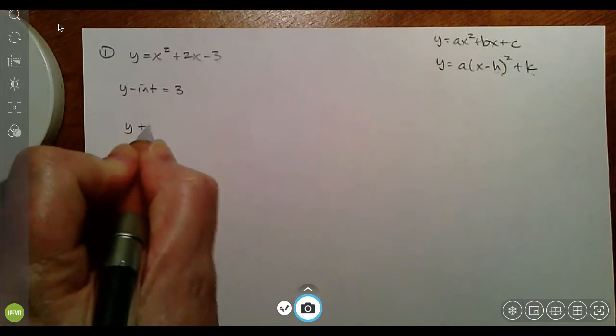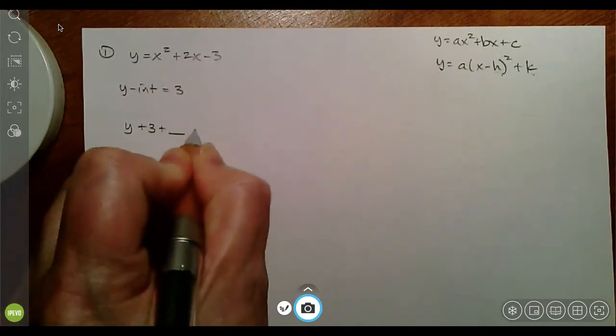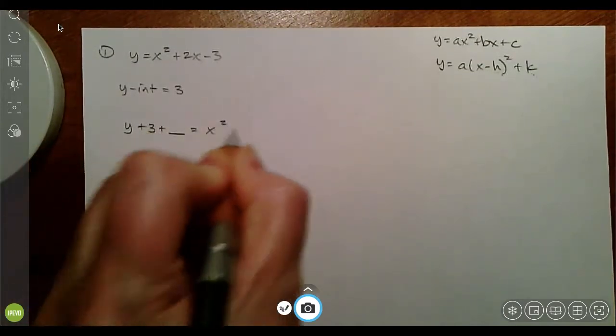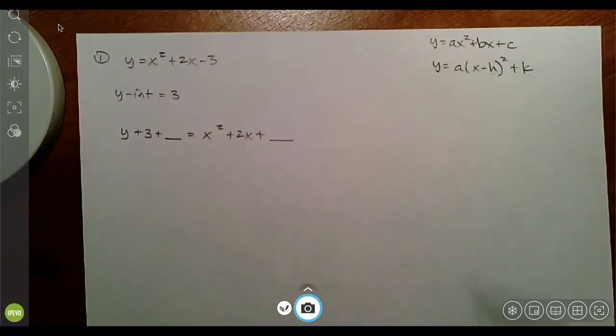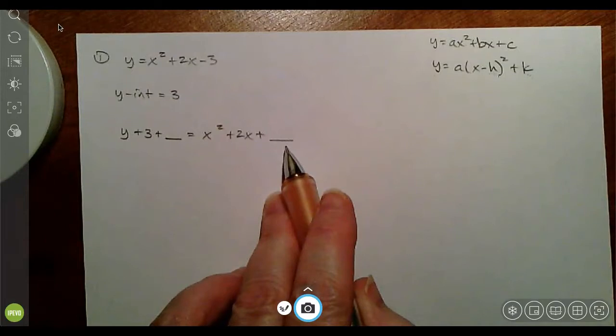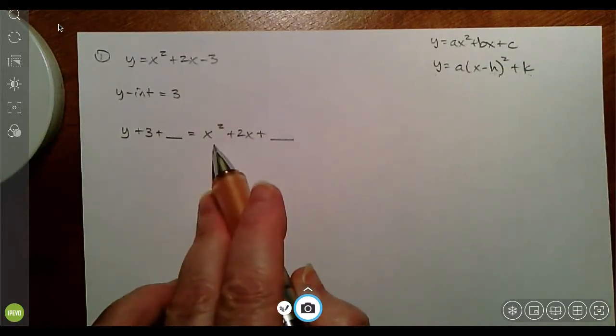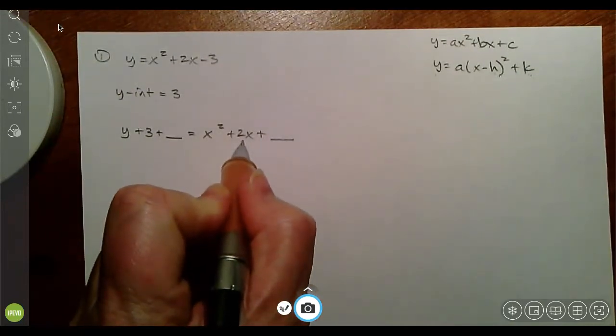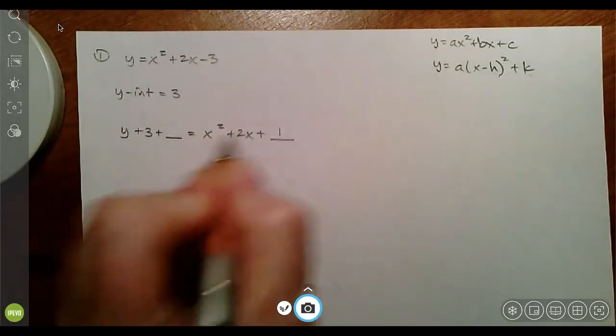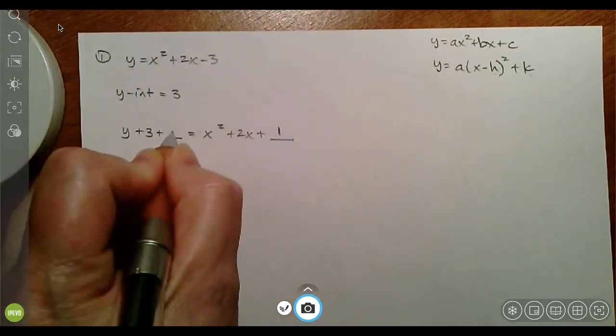I'm going to add 3 to both sides and get this as x squared plus 2x plus blank. So my goal here is to fill in that blank so that this thing can be written as x plus or minus something squared. So remember, we divide that middle term in half and square it. So 2 divided by 2 is 1. 1 squared is 1. So I'm going to add 1 to both sides.